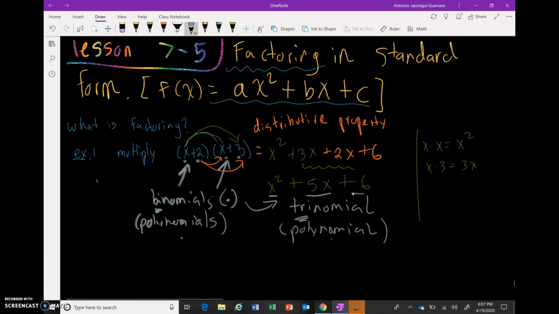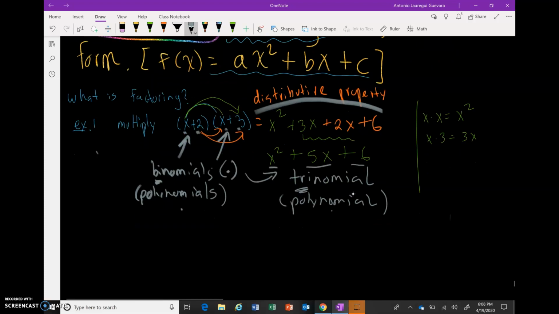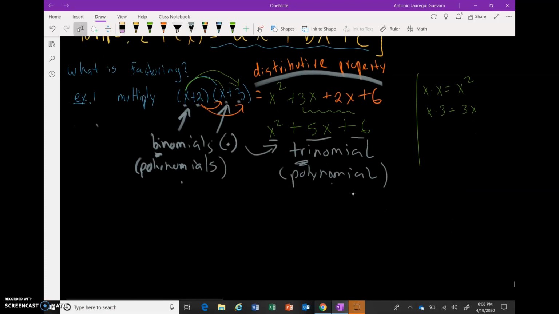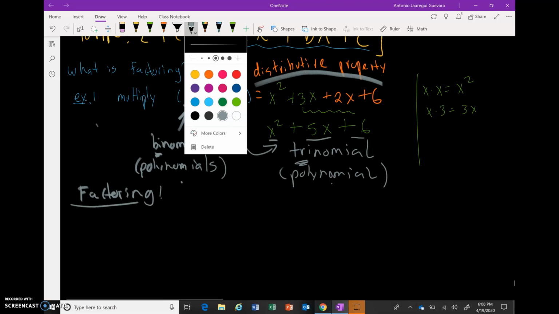When we multiply, we learned this thing called the distributive property, back in the good old days, back in middle school, hopefully. So now, factoring is going the opposite way.